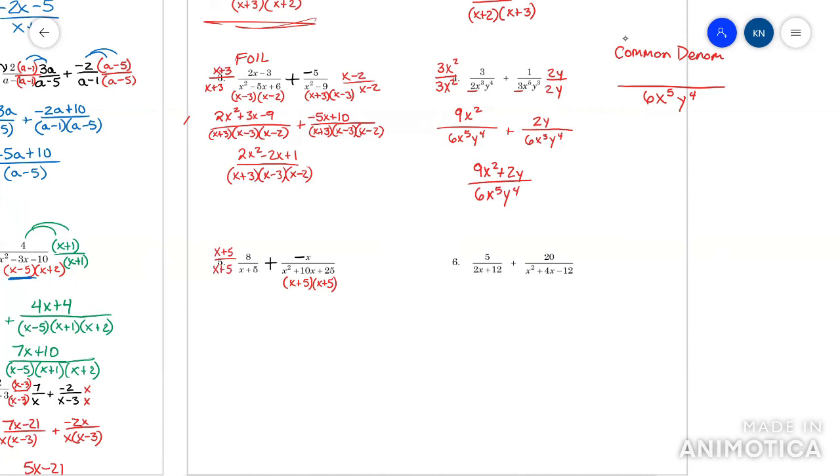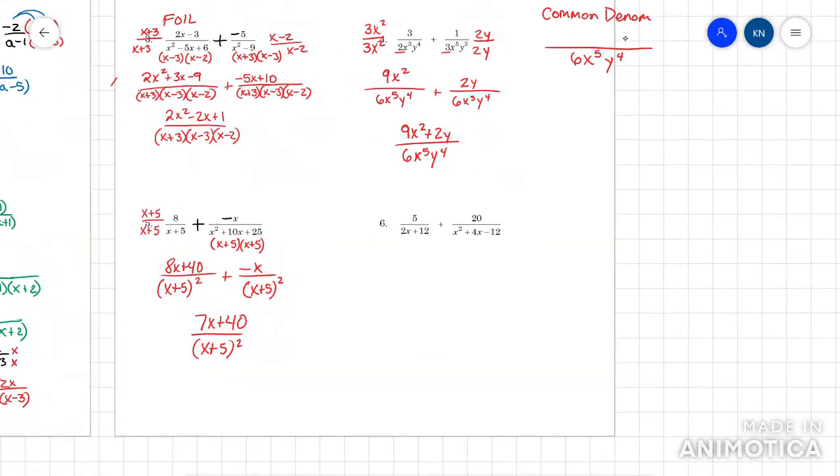Just don't forget to distribute that 8. You'll get 8x plus 40 over that x plus 5. You could write it twice if you want, or you could just write squared. Plus negative x over x plus 5 squared. So you'll end up getting 7x plus 40 over x plus 5 squared.